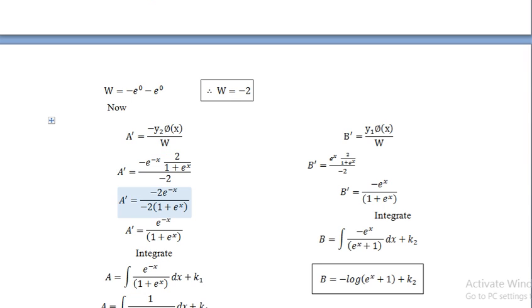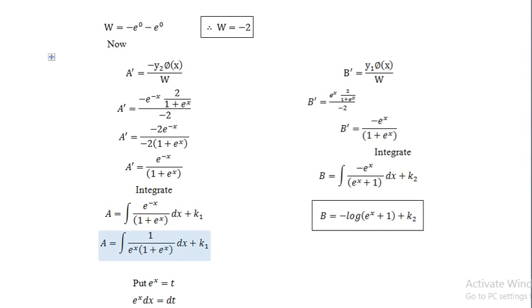So minus 2 e to the power x, whole divided by minus 2 times 1 plus e to the power x. So 2 gets cancelled out, minus into minus is plus here. Then integrate. Before integrating, shift this numerator term to the denominator, so its power becomes e to the power x, 1 plus e raised to x here.